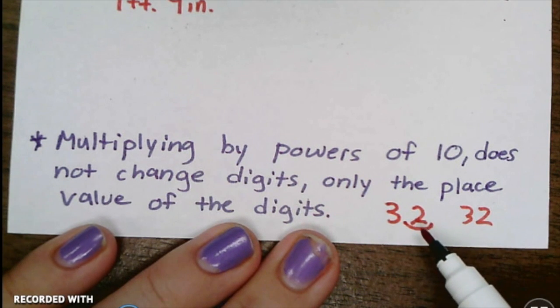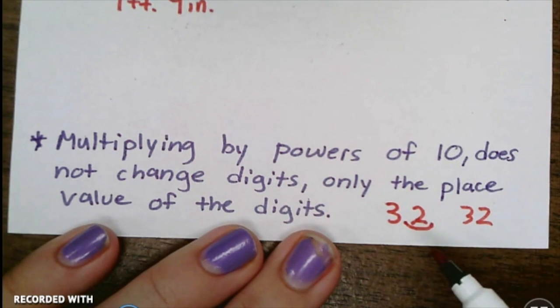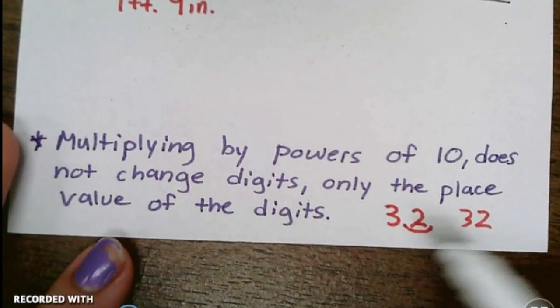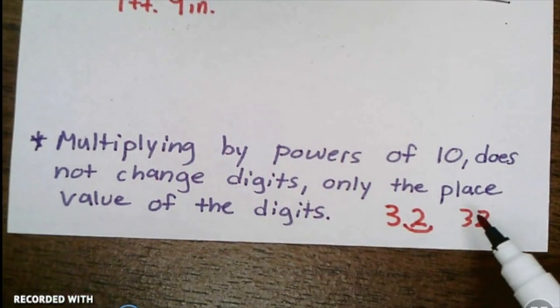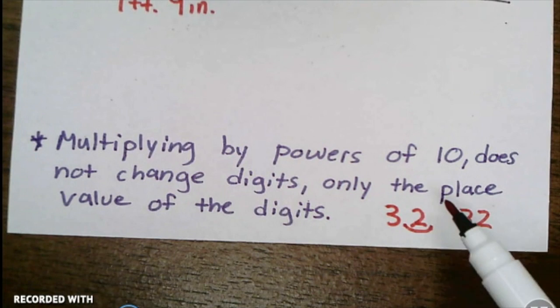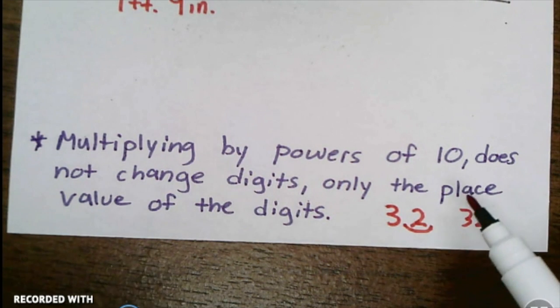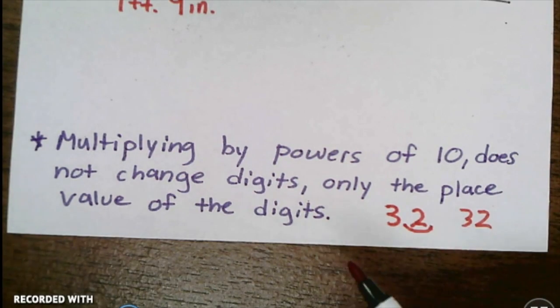And this 2 only had represented a fraction of a whole, 2 tenths. So the actual numbers aren't changing, the numbers stay the same, but the place value changes, and that's why we can just slide our decimal. We're swooping to the right when we're multiplying by 10, and we're swooping to the left when we're dividing by 10.